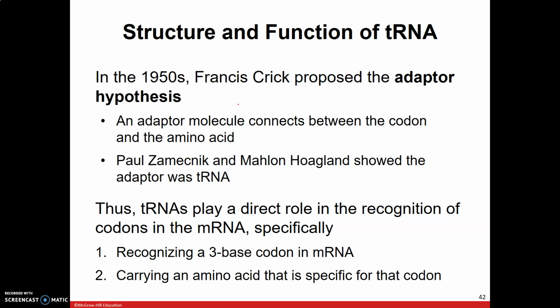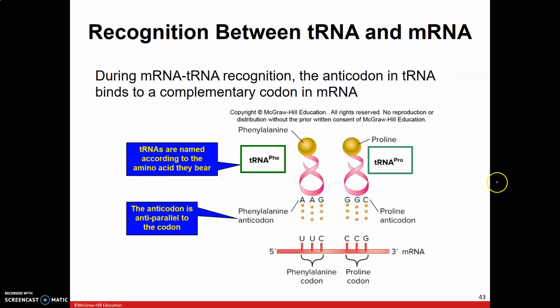Francis Crick himself came up with the idea of what's called the adapter hypothesis. There was an adapter molecule that connects between the codon and the amino acid. So you had the codon and then the amino acid, and that turned out to be the transfer RNA. Transfer RNAs recognize the 3-base codon in messenger RNA through its anticodon interaction.